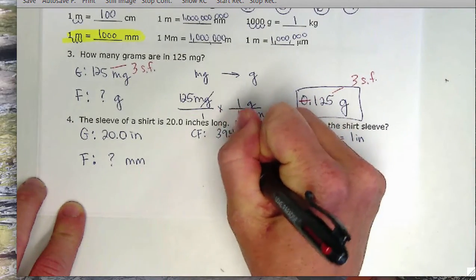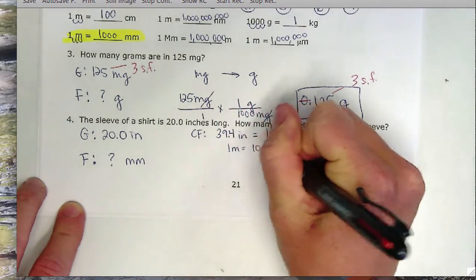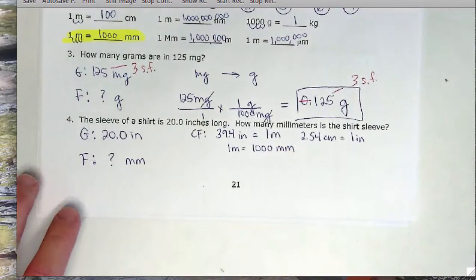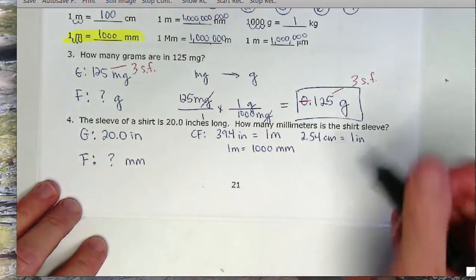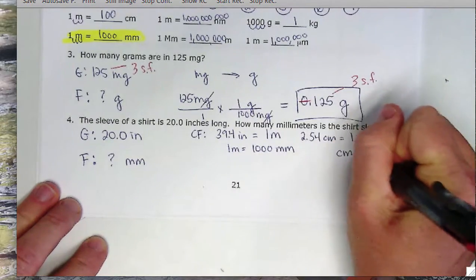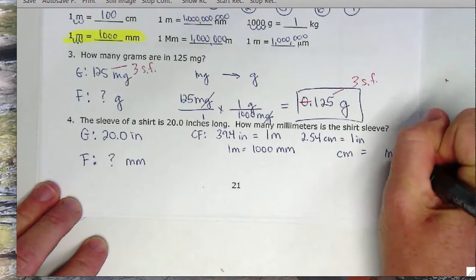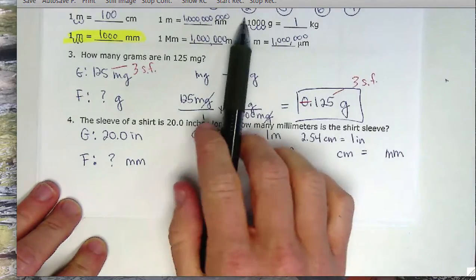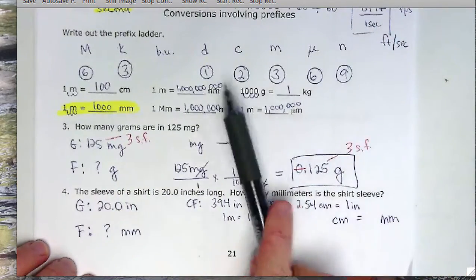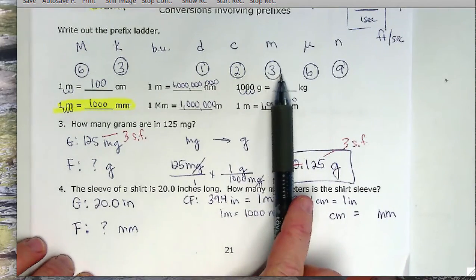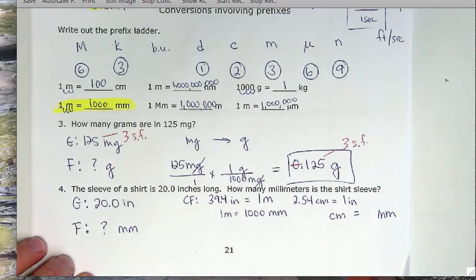So 1 meter is 1,000 millimeters. And then going from centimeters to millimeters, if we go this route, in 1 centimeter, how many millimeters are there? 10. Good.